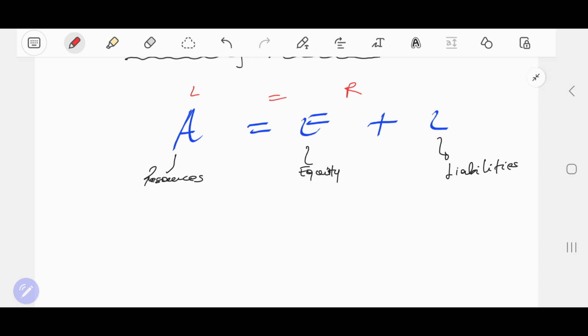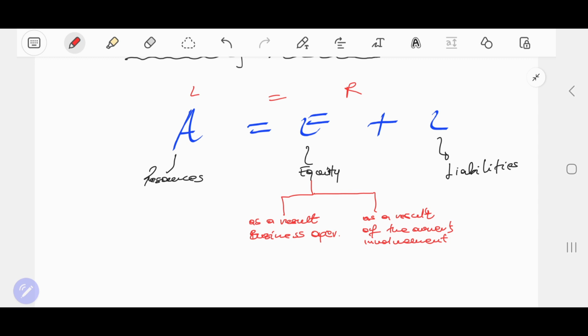Okay? So in terms of the accounting equation, under equity we differentiate between equity as a result of business operations, and equity as a result of the owner's involvement in the business.